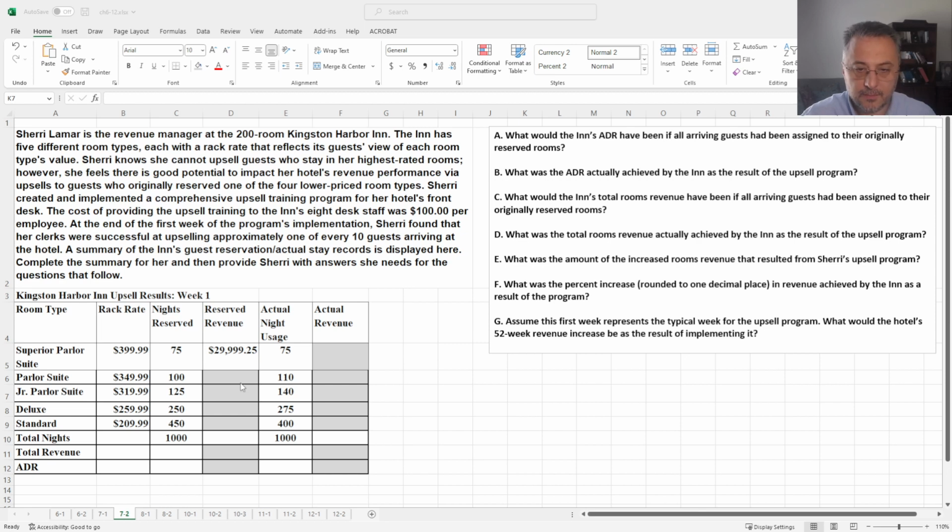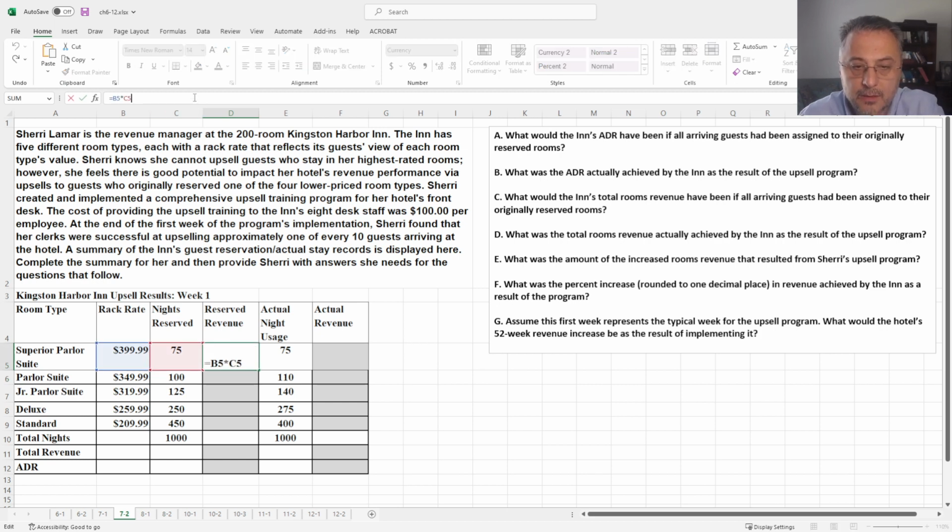Okay, now let's calculate all these lines quickly. First thing is here, right? If you look at this, this is the nights reserved for 75 rooms, and that's the rack rate for this parlor suite, and that's the reserved revenue from this property.